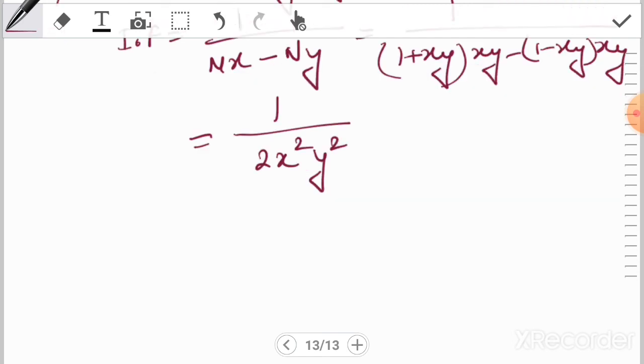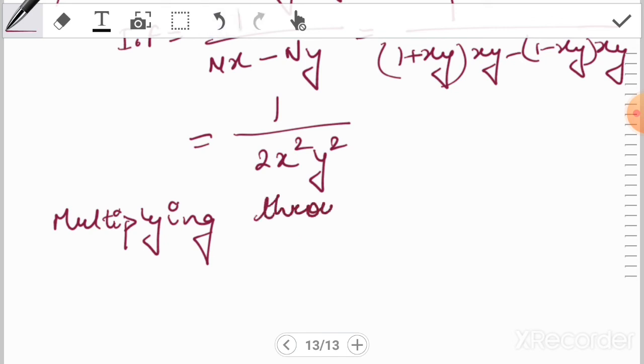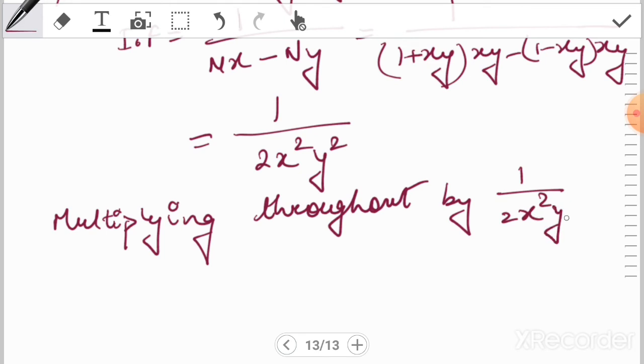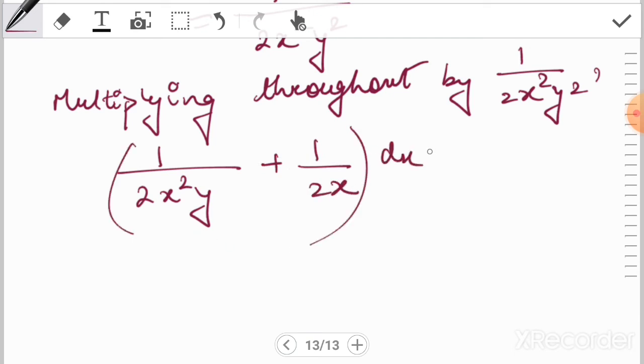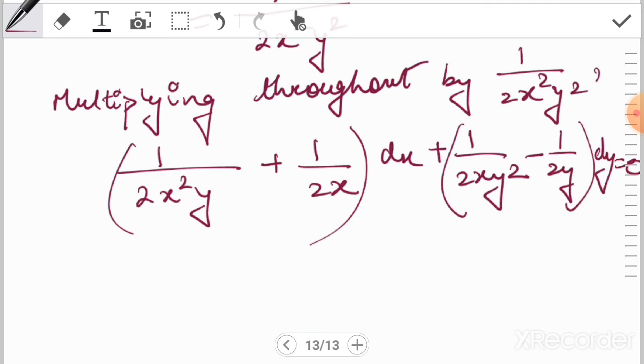Now multiplying throughout by the integrating factor we just got, 1 by 2 times x square y square, it becomes (1 by 2x square y plus 1 by 2x) dx plus (1 by 2xy square minus 1 by 2y) dy is equal to 0.